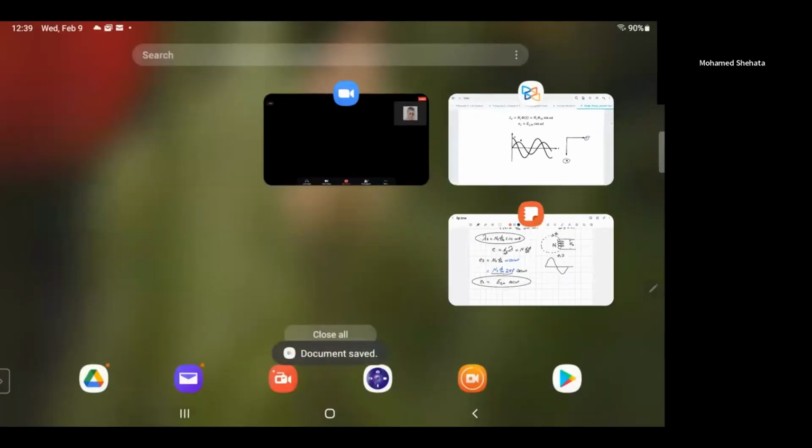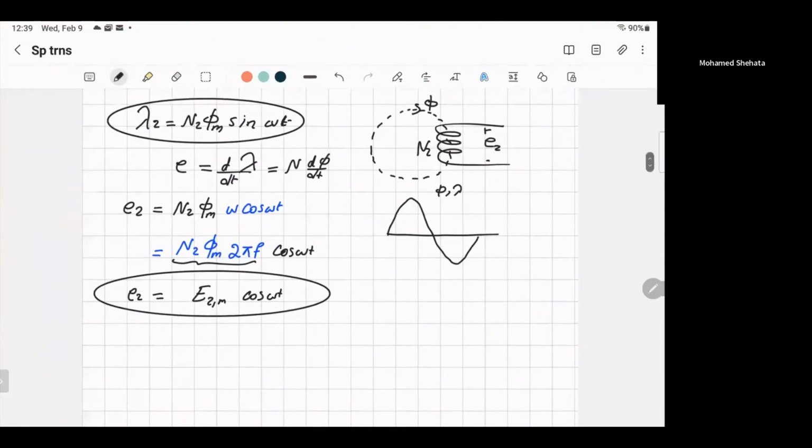There is 90 degrees between the sine and the cosine. That's the maximum value, and if you sketch, that should be cosine, so that's sine. And if we want to sketch on the same graph, the cosine would be like that.